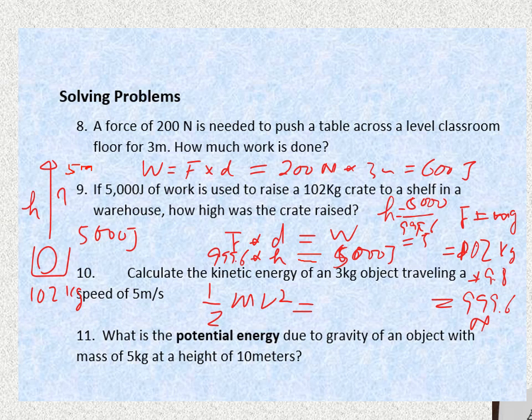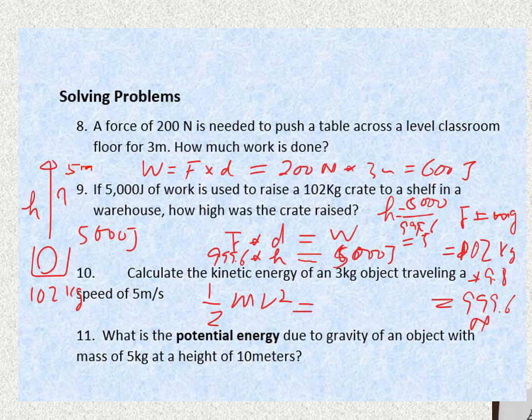All right, number 10. Calculate the kinetic energy of a 3 kilogram object traveling at a speed of 5 meters per second. Kinetic energy is the energy due to motion and due to the speed. And in fact, it is equal to half times mass times velocity squared. So you can do this by heart.